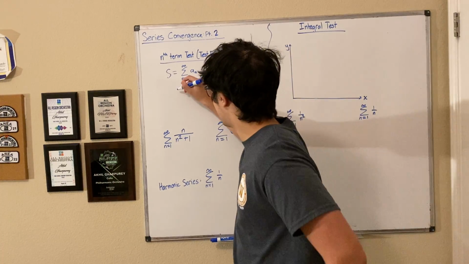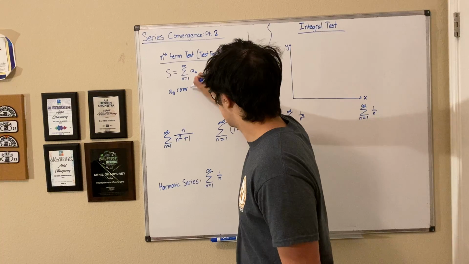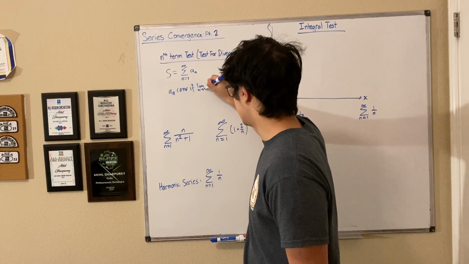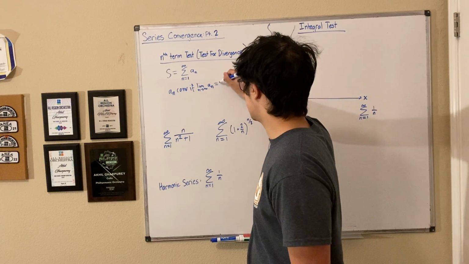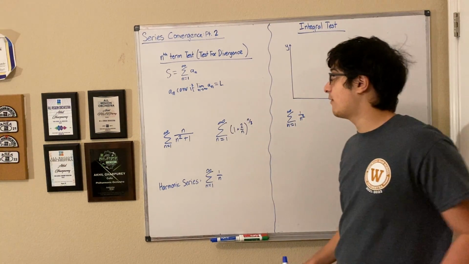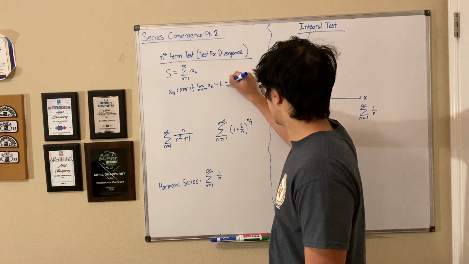So, as stated before, the sequence converges if the limit as n goes to infinity of a sub n is equal to a finite number. This is going to be some finite number L. However, let's say that L is greater than 0.